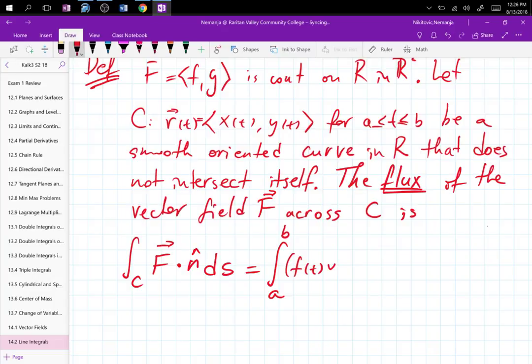Now this is backwards. This is called divergence. It's in the next lecture, tomorrow. We'll name it.